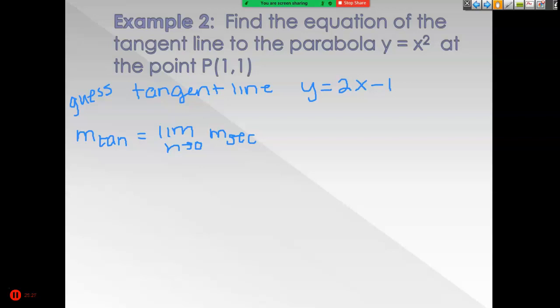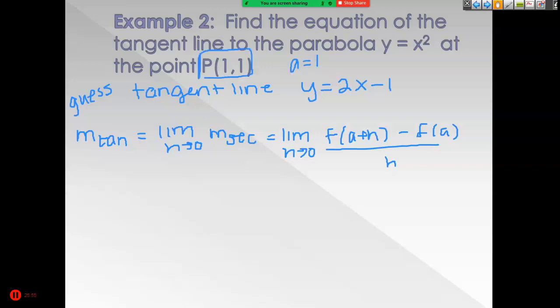So if you think about our formula, the slope of the secant is equal to f of a plus h minus f of a. So this is the limit as h approaches 0 of f of a plus h minus f of a all over h, where a and f of a come from the given point. So this is like saying a equals 1, and f of a is plugging 1 into our function, and in this case it's also 1.